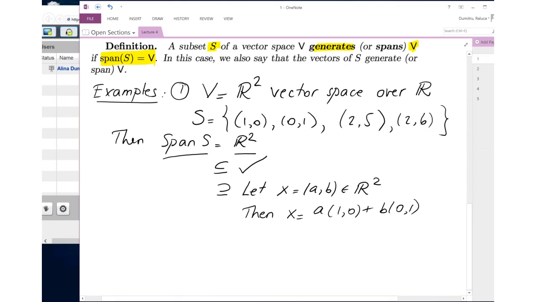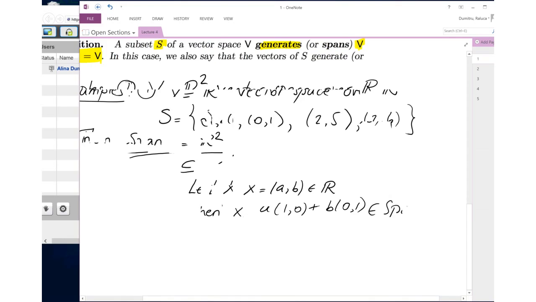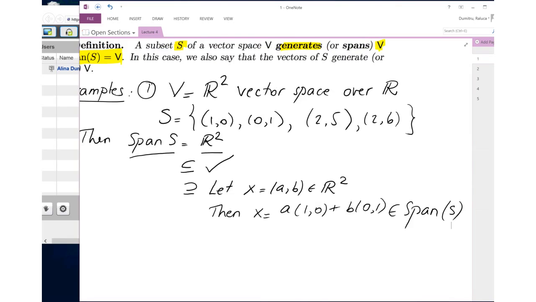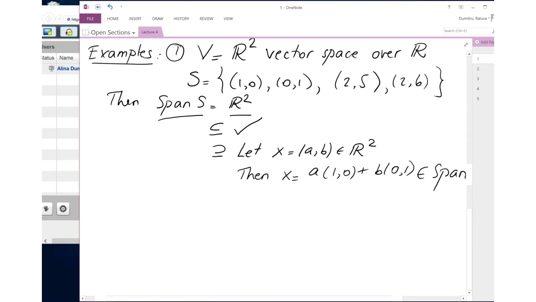So X is A times the first, and so it becomes an element of the span of S. Okay. So double inclusion, it holds. All right.